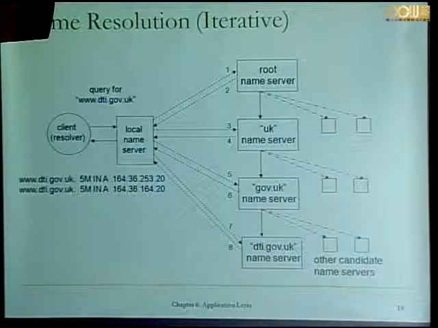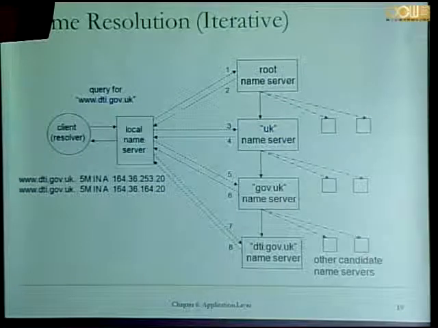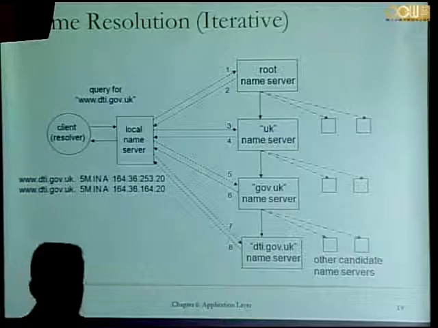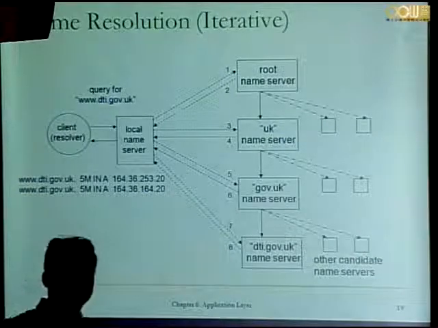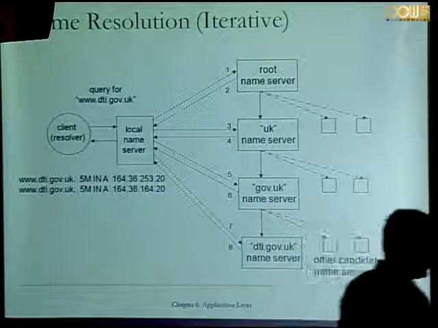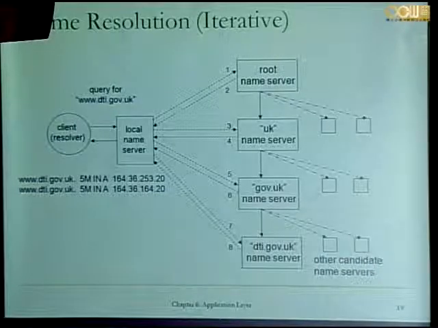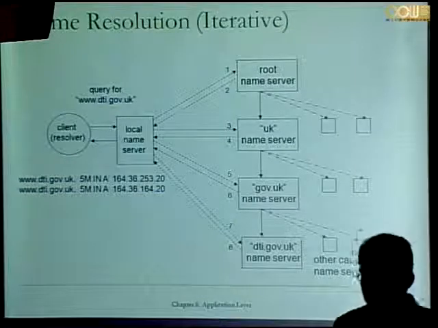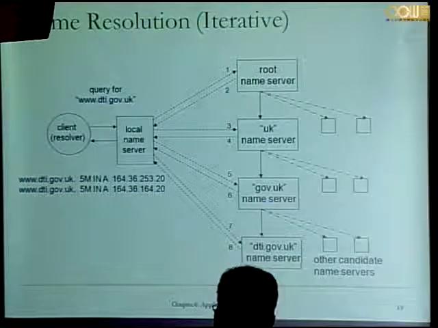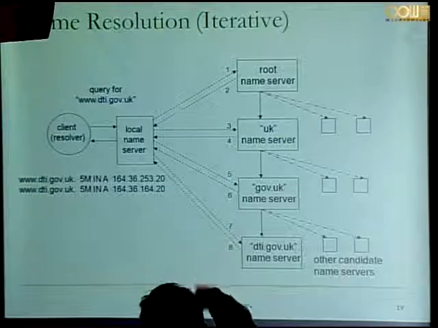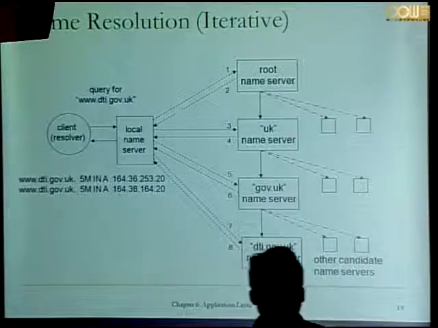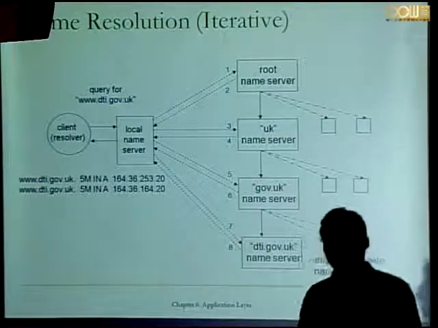So now your browser, if the client is a browser, knows the IP address, and there are two, so it connects to one of them. Okay, and why do we call it iterative? Because all these name servers don't memorize anything.